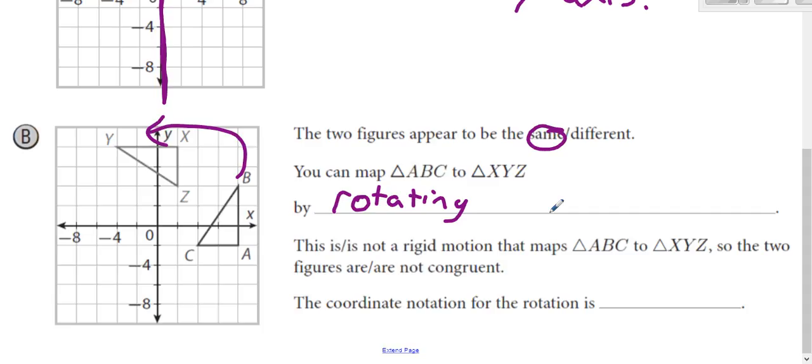And that's just a quarter of a turn, so 90 degrees counterclockwise. Rotating is a rigid motion. So the two figures are congruent.